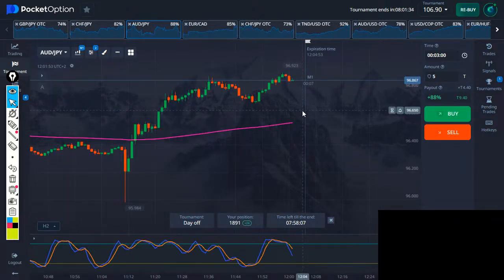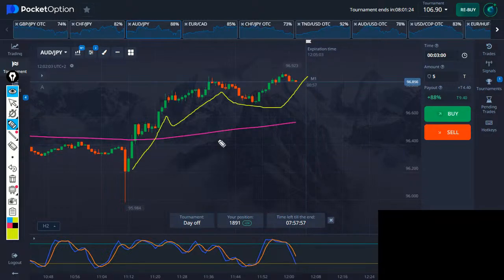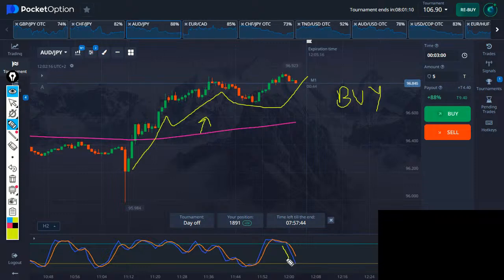Okay, so why am I saying that we have an opportunity here? First, we have a strong buyer's momentum to the upside. Second, the price is above the 200 EMA, so I'm looking for a buy setup. Third, we have the stochastic oscillator going towards the oversold level.